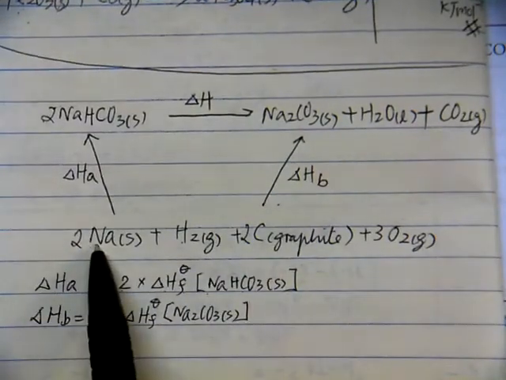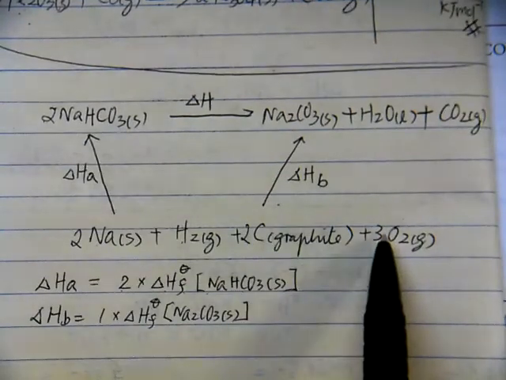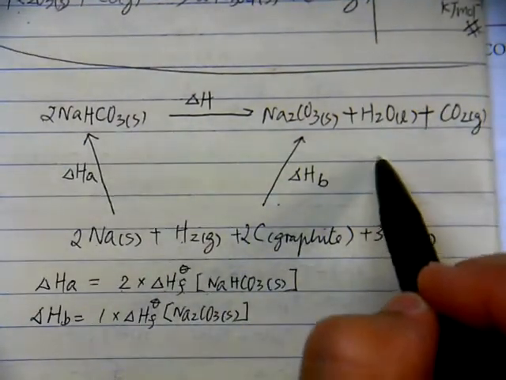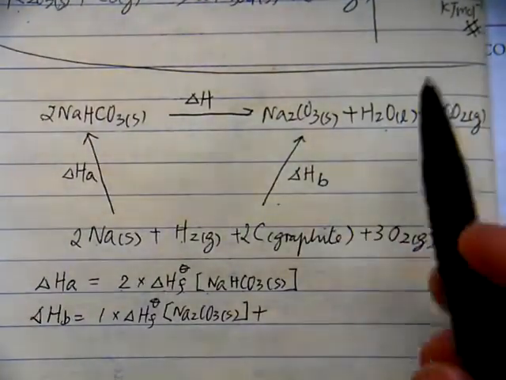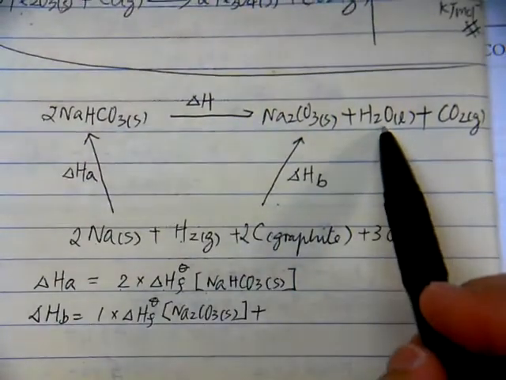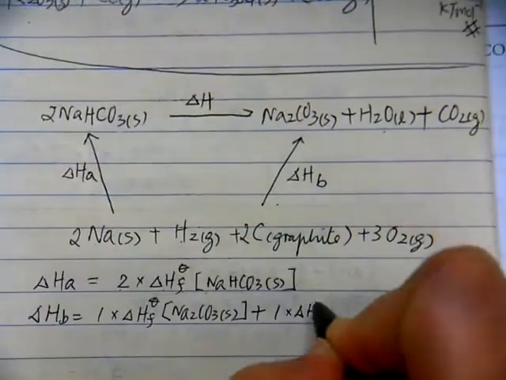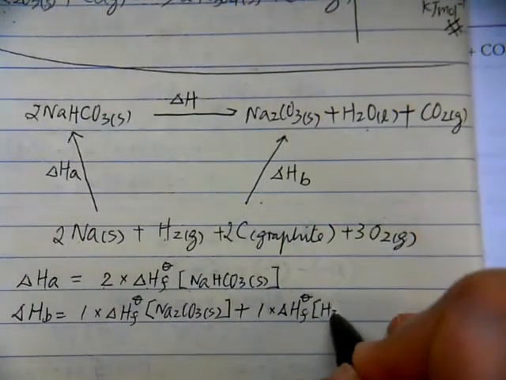Understand? We have 2 Na, we need 1 C, and we need 3 O. How about the others? The others are involved in the formation of water. How many moles of water is produced? There is 1. So 1 times standard enthalpy change of formation of water.